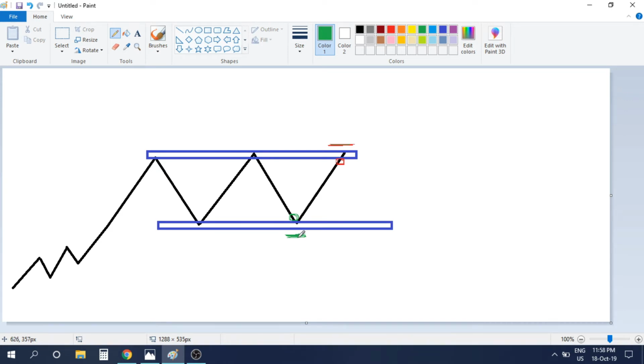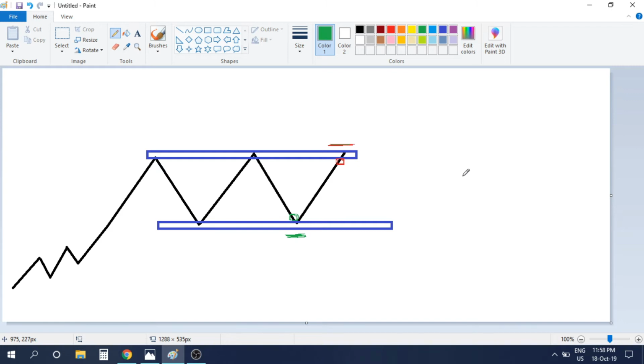And institutions are always hungry to get their fills, and a massive cluster of stop loss orders is really inviting for them.